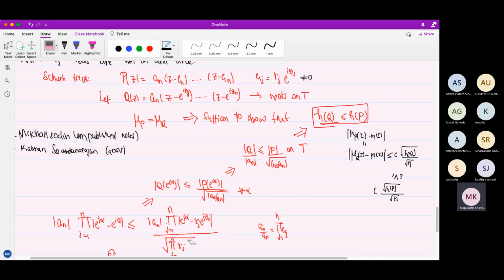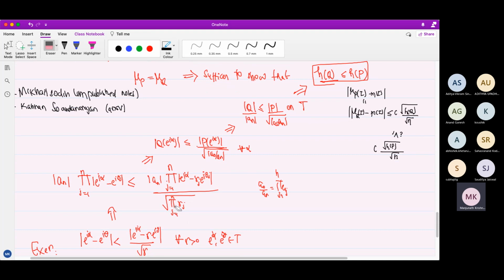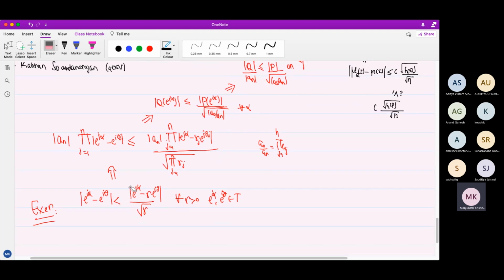So that is square root of mod rj. So that comes to an inequality like this. The an cancels, and you just bound the jth term by the jth term. That is, e to the I alpha minus e to the I theta, you bound by e to the I alpha minus r e to the I theta divided by square root r. This is a simple exercise. You just square it and check.